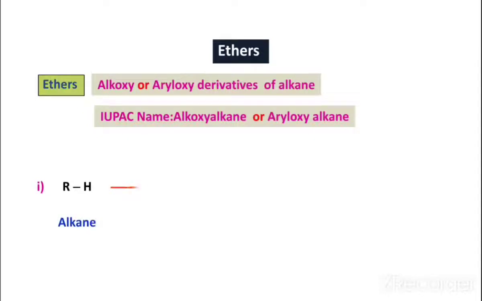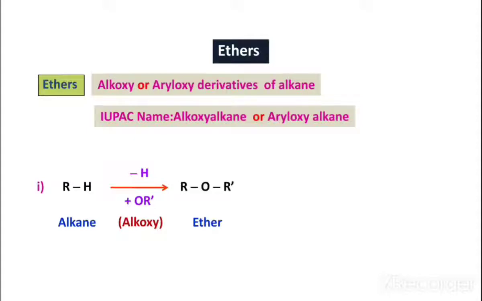RH, that means alkane. If one of the hydrogens is replaced by OR dash, that means alkoxy, we get ROR dash, which is called ether.